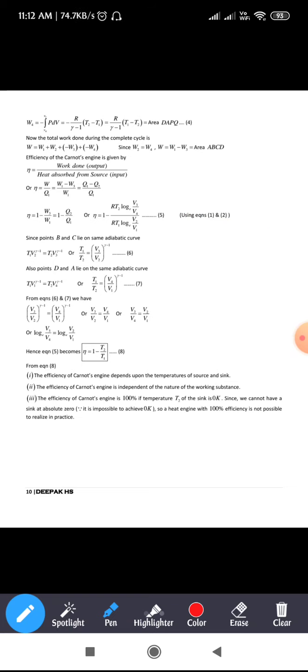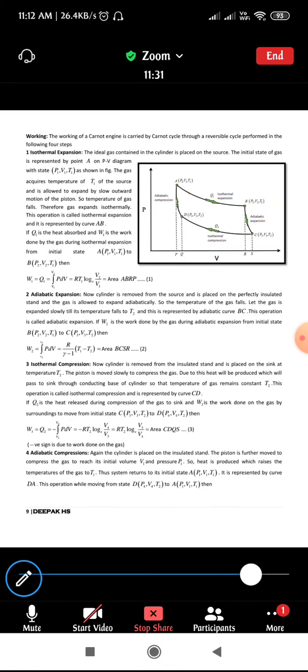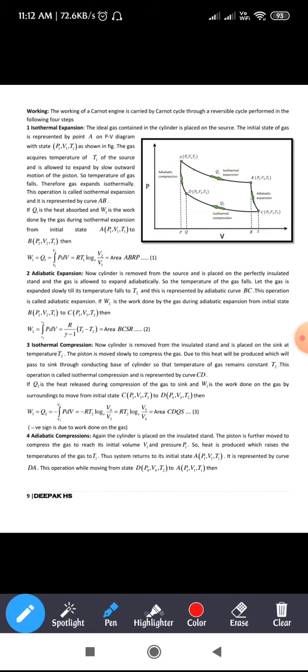So next, the total work done comes out to be the net work done. That is W is equal to W1 plus W2 minus W3 minus W4. Since you know that W3 and W4 represent the isothermal compression and adiabatic compression, and the work is done on the system, there is a negative sign. But when you compare equation 2 and equation 4, equation 2 is W2 is equal to R divided by gamma minus 1 into T1 minus T2, right?